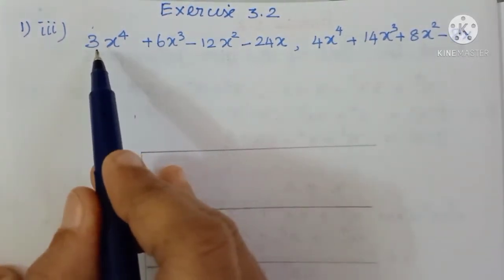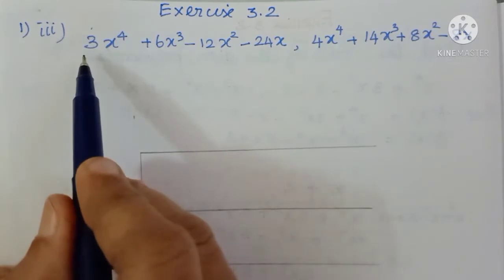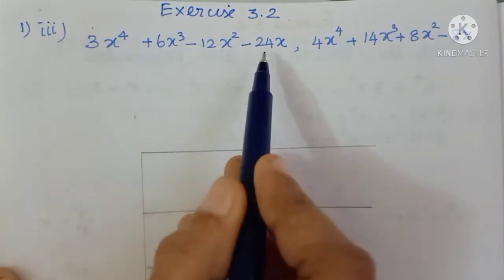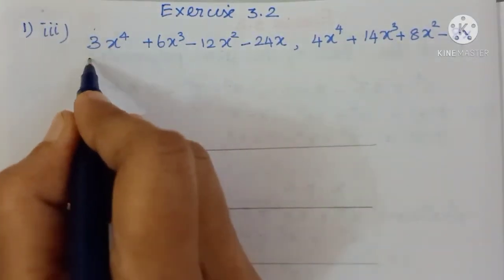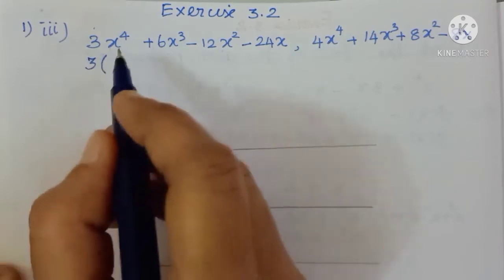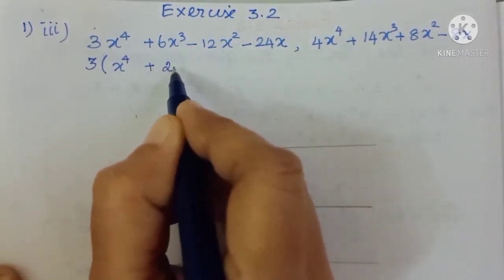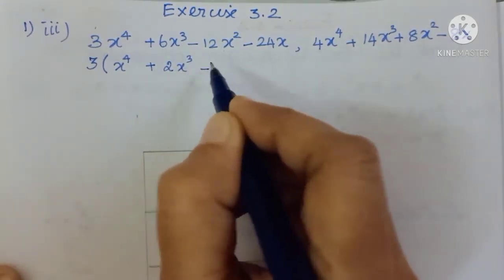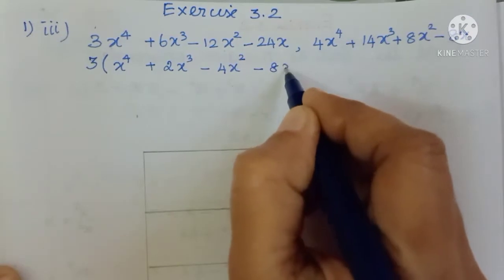So here 3x power 4, here x power 4, x power 3, x power 2, x. Look at the coefficients: 3, 6, 12, 24. All multiples of 3. So from this polynomial we can take 3 common. Isn't it? Now take 3 common, and you will get 3 into x power 4 plus 2 into x cube minus 4 into x squared minus 8 into x.